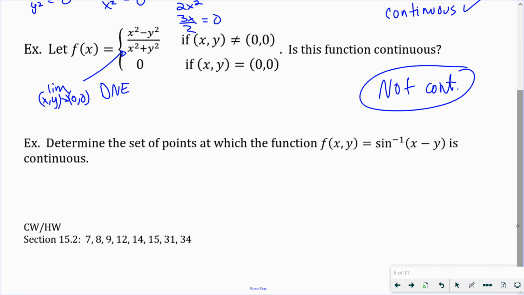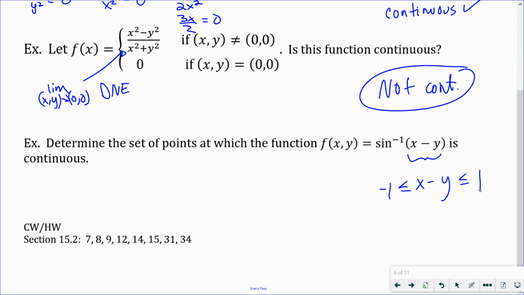Let's just find where this thing is continuous. So if you want this to be continuous right here, what did we talk about in our homework last night? x minus y has to stay between what? Right. It has to be greater than or equal to -1 and less than or equal to +1. So that's where this thing is defined, that's where it's continuous.